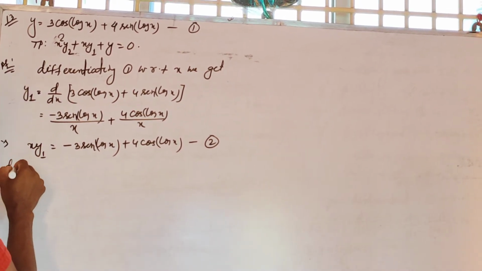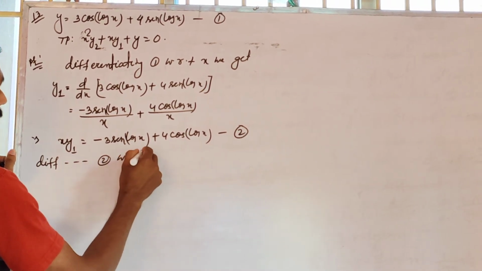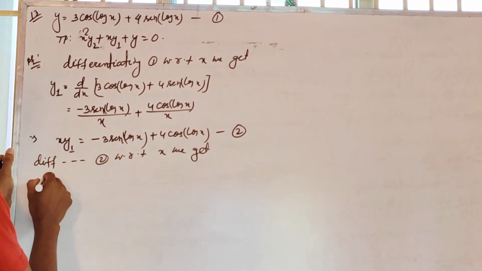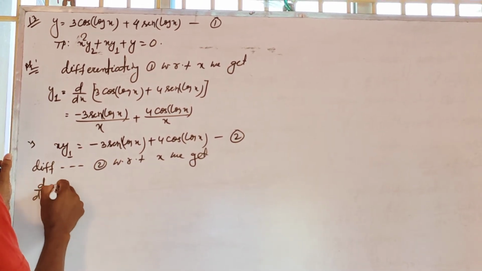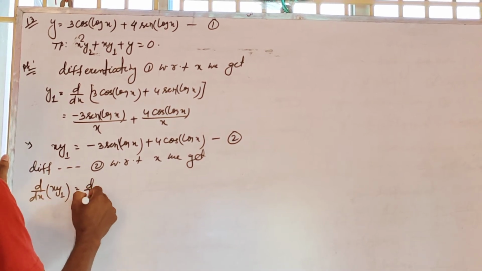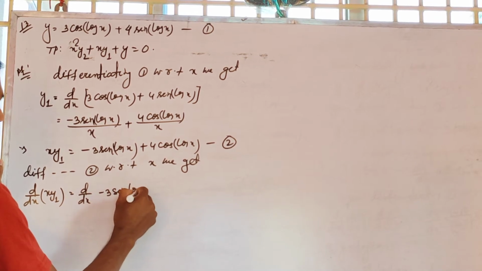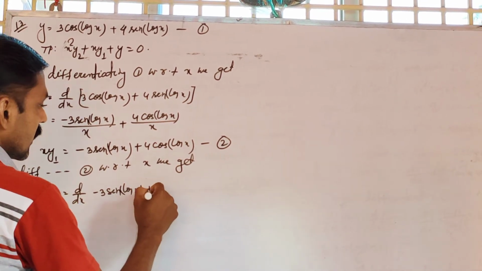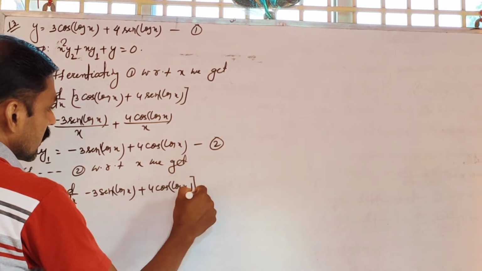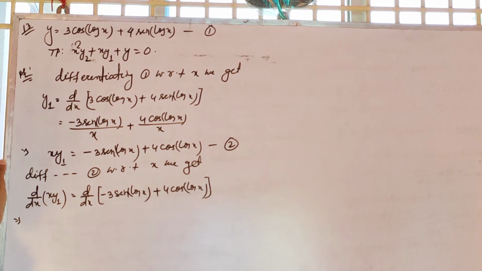Right, differentiating 2 with respect to x, we get d by dx of x y1 equal to d by dx of minus 3 sin log x plus 4 cos log x. Now the left hand side, again product rule.